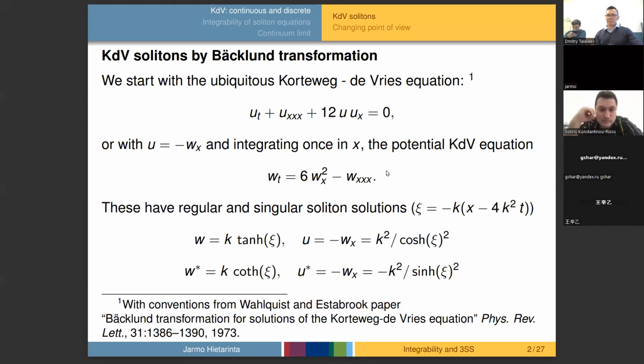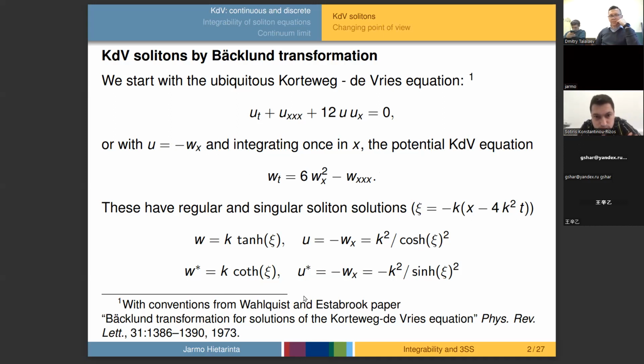So this potential one is essential for some of the later developments, but the U here in the normal Korteweg-de Vries equation, this U is the standard form of bell-shaped solitons. So we have these in the potential KdV, these kind of solutions, regular and singular, and they translate into the normal KdV equation as 1 over cosine 1 over 6.